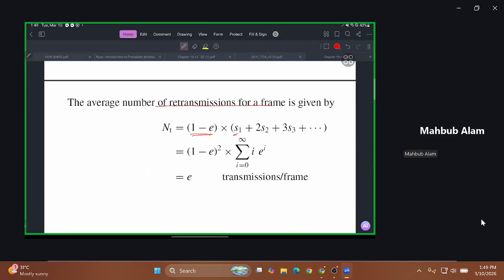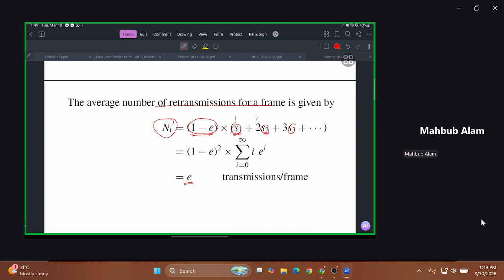Otherwise, we are not sure whether it is one retransmission or two retransmissions, that we discussed in the last class. So 1 minus E is multiplied with S1, S2, S3, and when we are in S1, that means only one retransmission is there. Or when we are in S2, two retransmissions, S3. By this way, we can calculate this one, and this becomes the number of retransmissions.